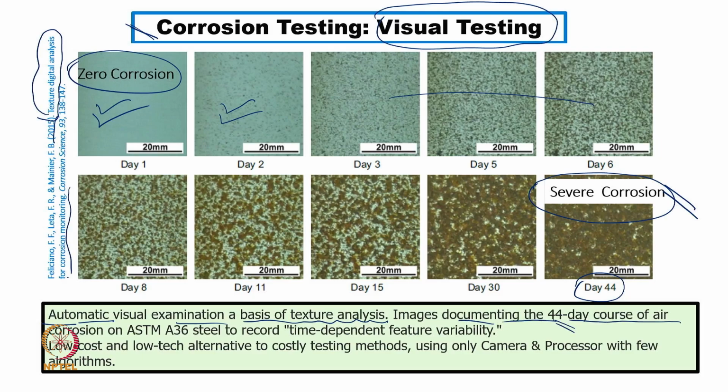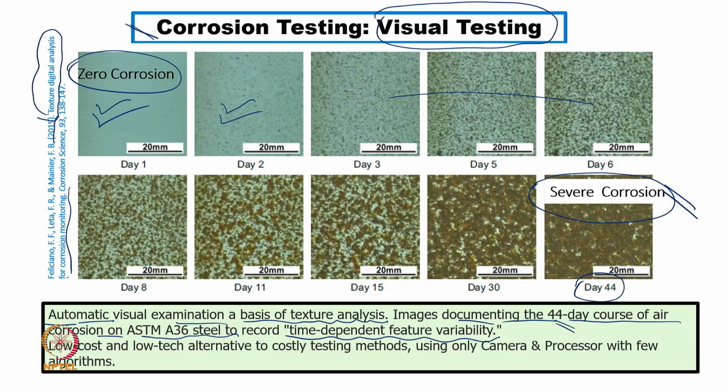Of course, they have shown only 10 images, not all the images. We will have 44 plus images, and they mention the corrosion of steel, the ASTM A36 standard, and they wanted to figure out what the change in the features will be. It is basically capturing an image, diagnosing the image, and then predicting what will happen.